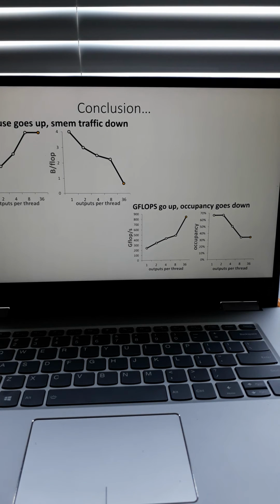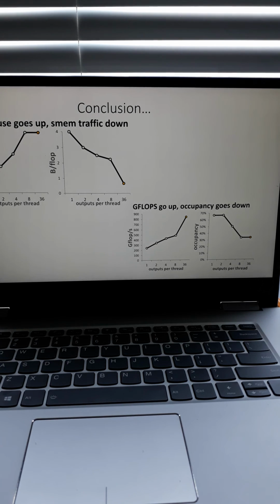The number of bytes per flop goes down to less than 1 if we are using 36 outputs per thread. Also, there lies a direct relationship between the number of outputs per thread and the performance, which we have seen even earlier, like in the baseline where the number of G-flops was very few as compared to when we increase the output to twice, to 4 times, to 8 times.